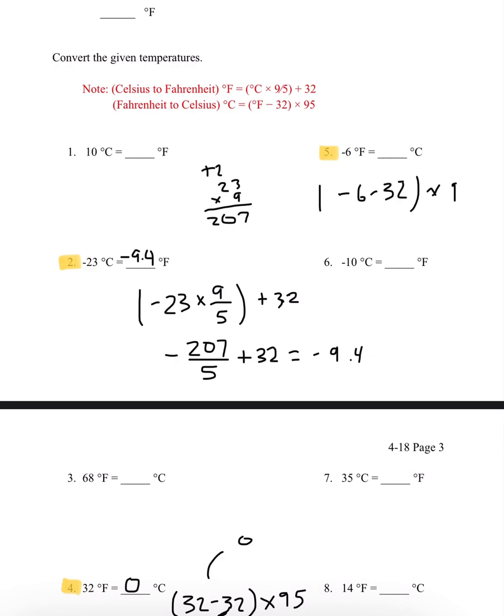Let me rewrite that. Negative 6 minus 32 gives us negative 38, times 5 over 9, which we will get negative 21.2. So for number 5, our answer is going to be negative 21.2.